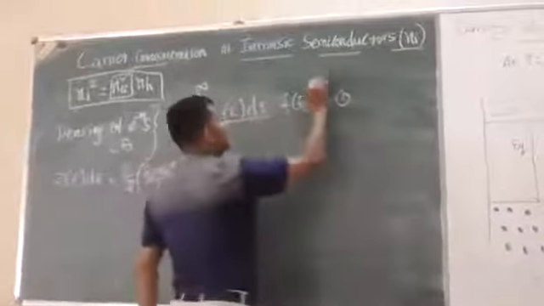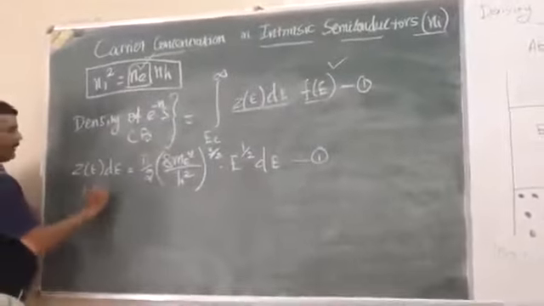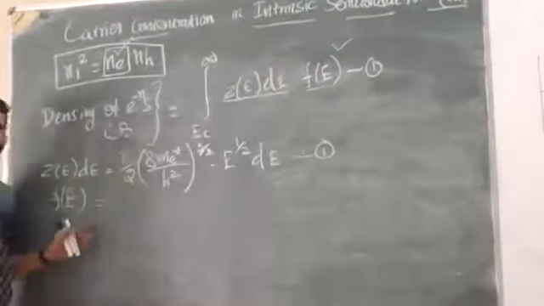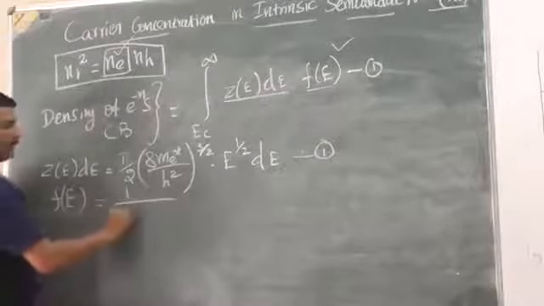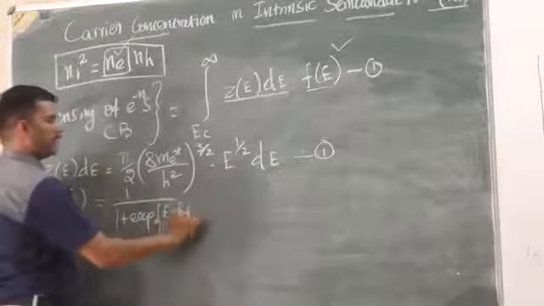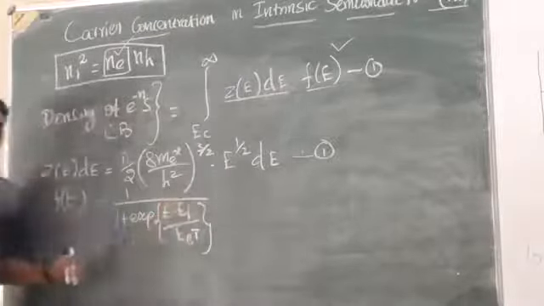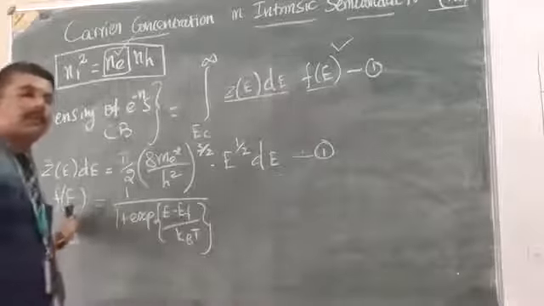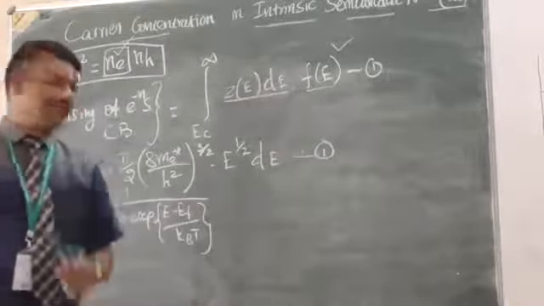And another term, f of E. So here f of E represents the Fermi-Dirac distribution function, that is 1 by 1 plus exponential of E minus EF by kBt. Right? The Fermi distribution function is nothing but the probability of an electron in the given energy state.